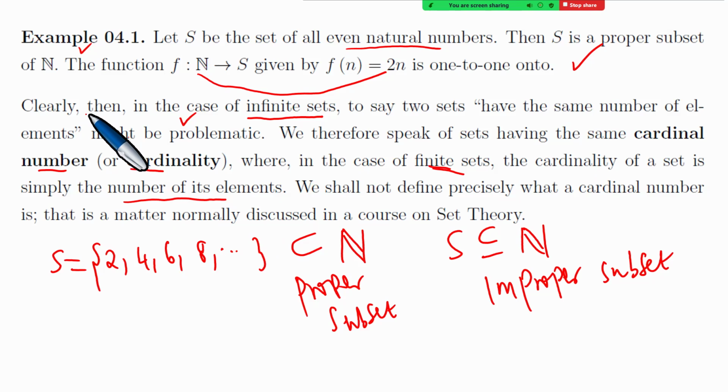But once again, clearly, in the case of infinite sets, to say two sets have the same number of elements might be problematic because the set is infinite. Can we count and say so, when each of the sets is infinite?